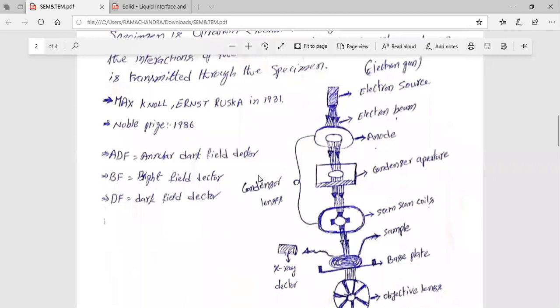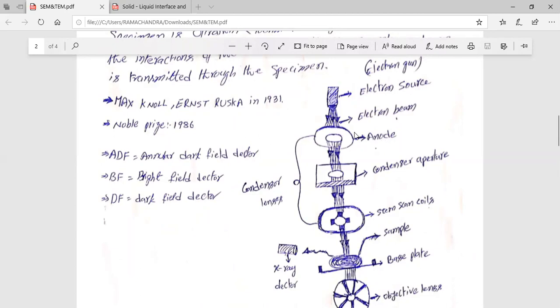Max Knoll and Ernst Ruska, in 1931, discovered the transmission electron microscope. He put a lot of effort into it, and they got the Nobel Prize in the year 1986.